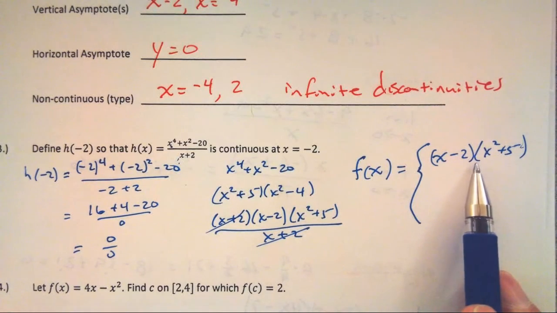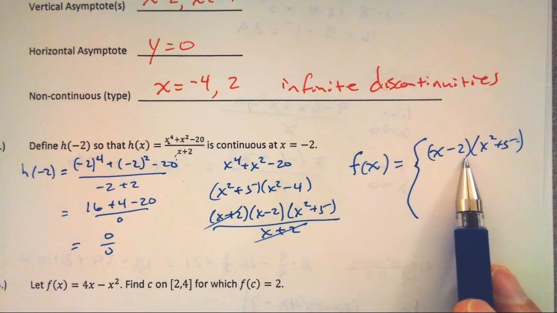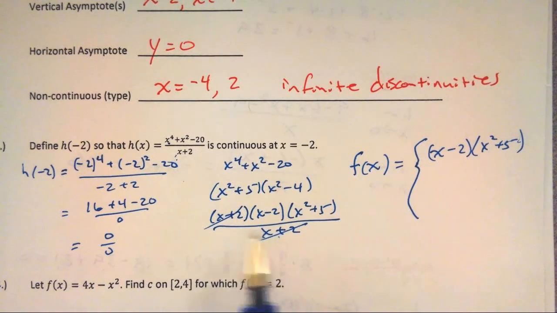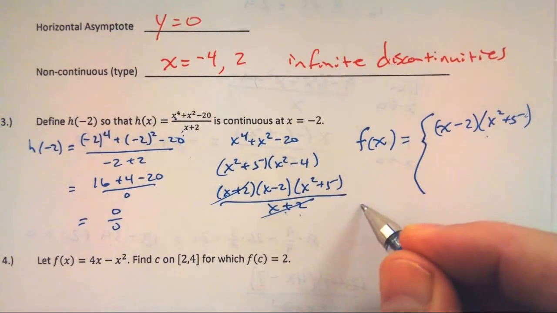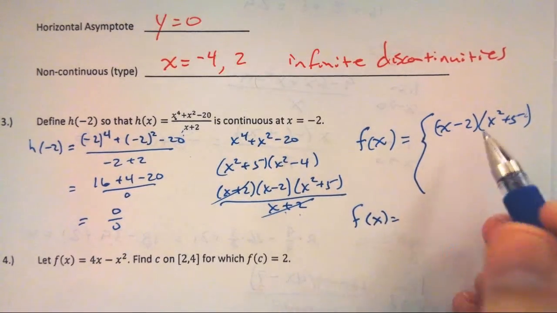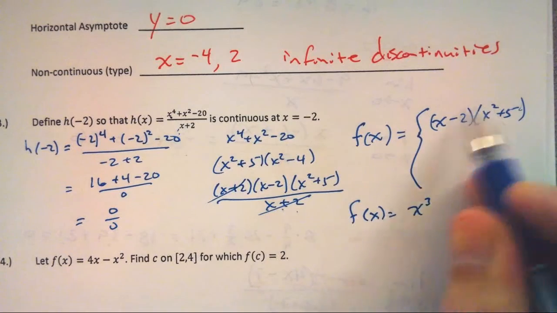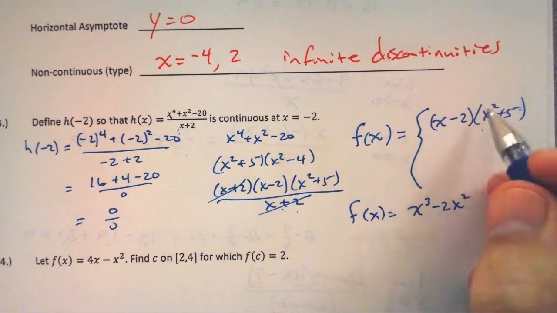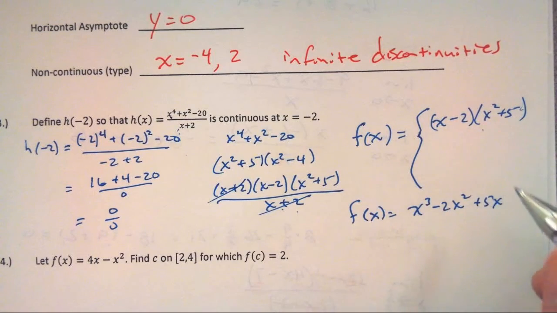It looks like that with the exception of the hole. That has basically put the hole back in play, because I no longer have this x plus 2 in the denominator. Therefore, we could redefine this as f of x equals, let's FOIL this, x cubed minus 2x squared plus 5x minus 10.